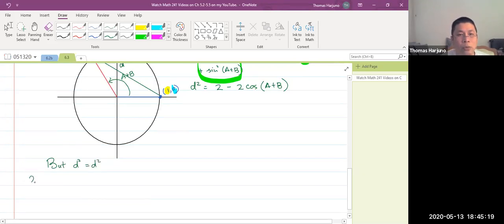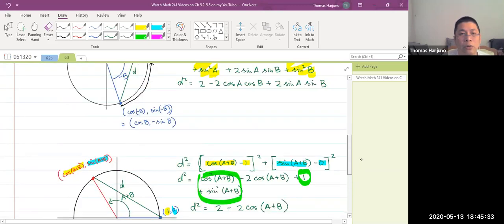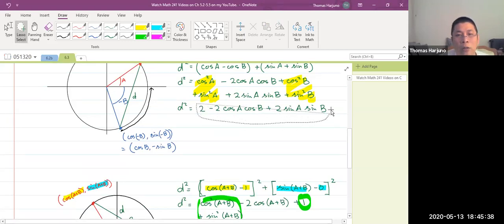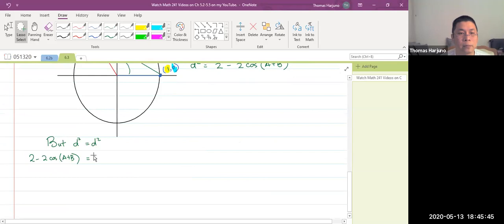So 2 minus 2 cosine of A plus B, that's what I have here. That's what I have here. Should be equal to what I have here. I don't want to rewrite it, lazy. Should be equal to that one. Right?